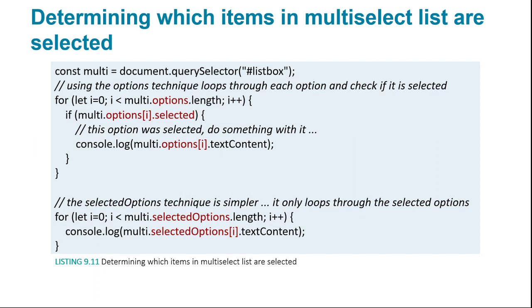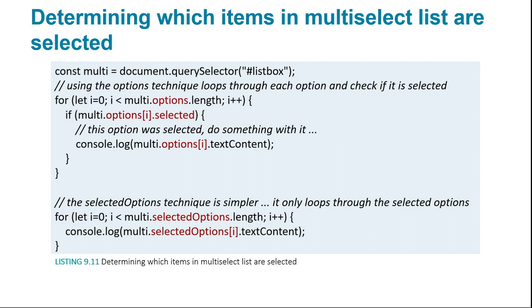Do this as long as i is less than the length of the options array, and then iterate i each time. And then it's saying, if multi.options[i].selected, when we're iterating through, if the option at index i is selected, do this thing.